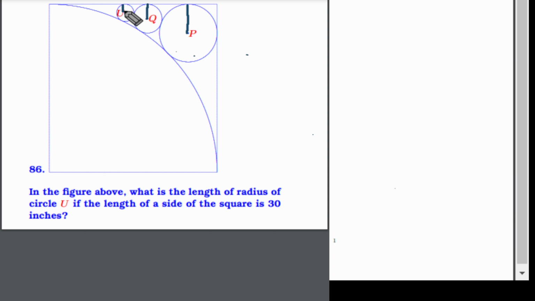Very similar method as we got the radius of circle Q. So study this yourself first until we meet next time, and then let's study together.